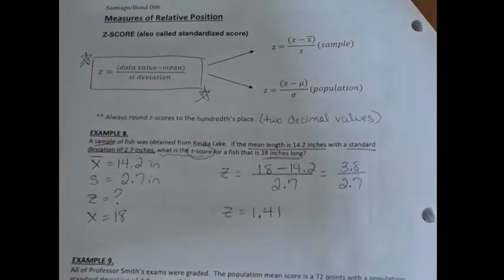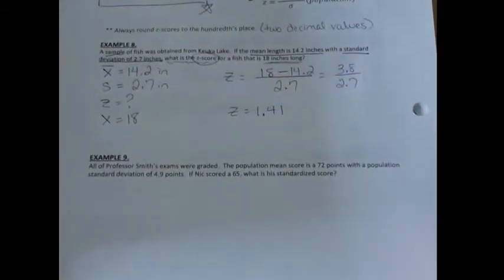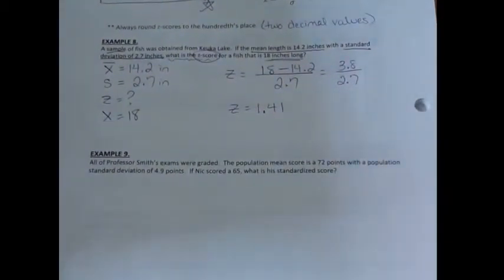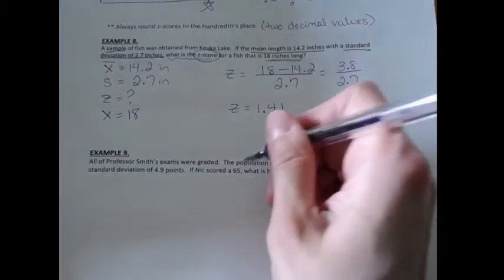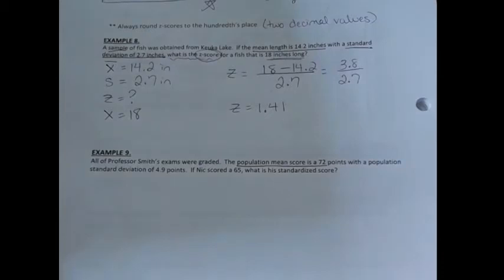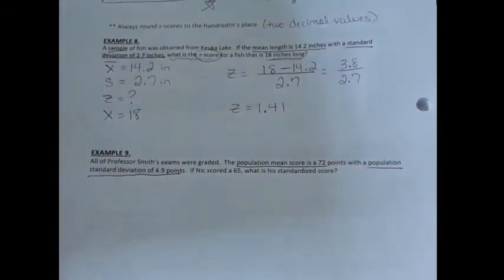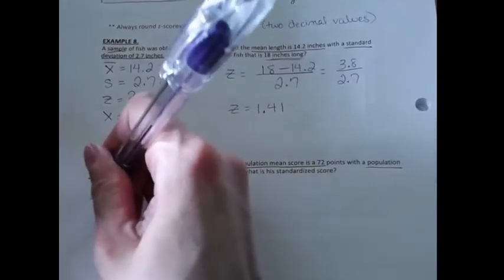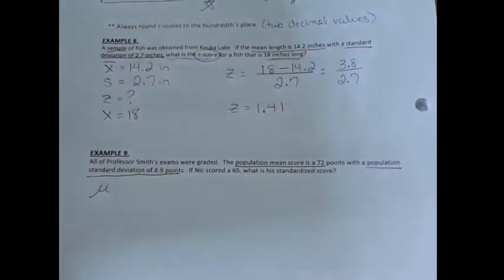Let's do it again. All of Professor Smith's exams were graded. The population mean score is 72 points with a population standard deviation of 4.9 points. So the mean score in this case for a population, the mean is mu.